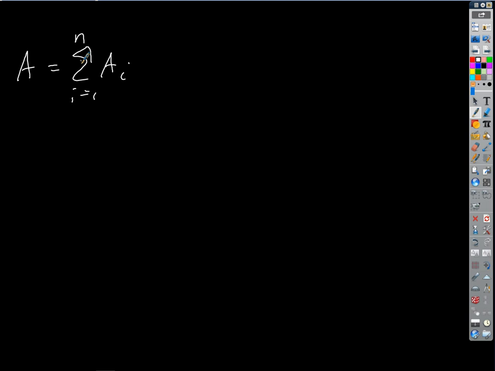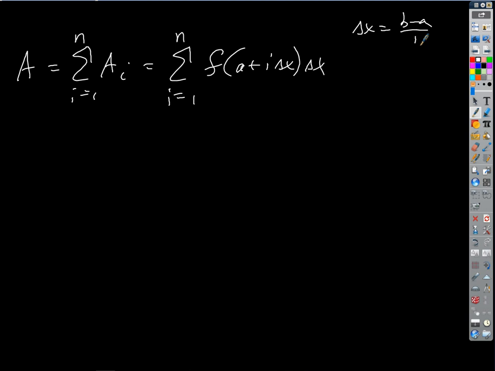Well, we said that's just the sum of f of a plus i delta x times delta x as i goes from 1 to n. That's it, right? That's the area under the curve with n subintervals. And we've got to remember what delta x is. Delta x is b minus a over n, so I could make that substitution.